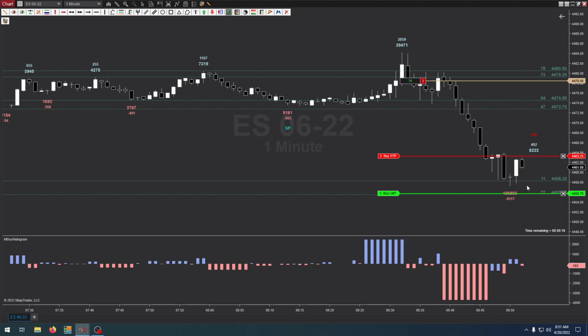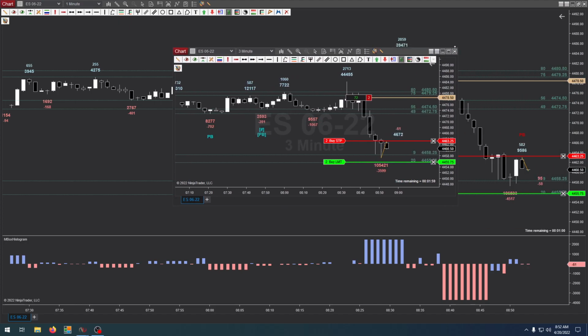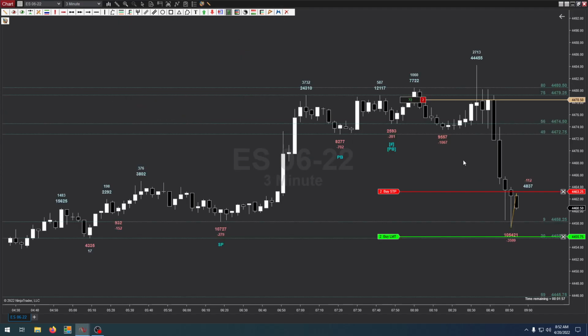It was only another 11 ticks, so pull back short, but we're at very large positive volume delta here. Also on the 3, which I haven't shown in a few minutes. This one here came down this low right here, which is my original target, would have been out.